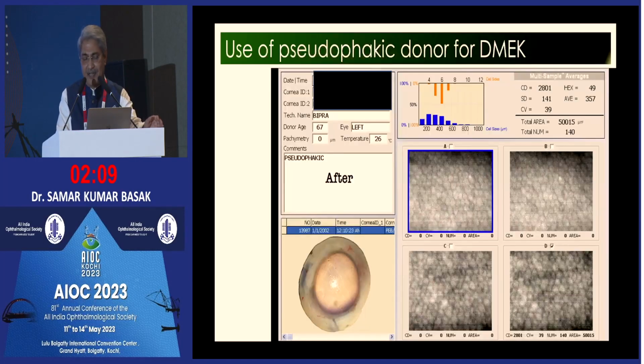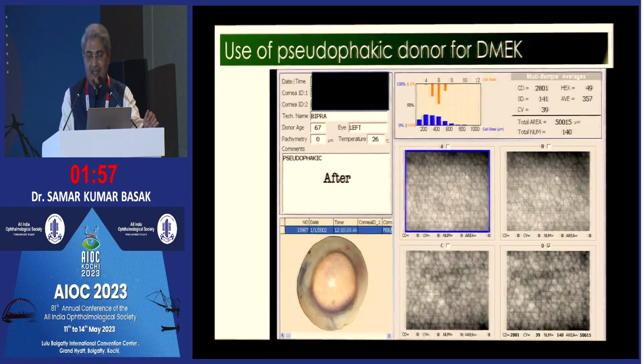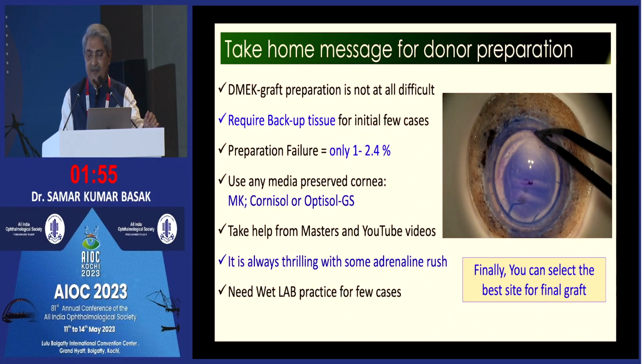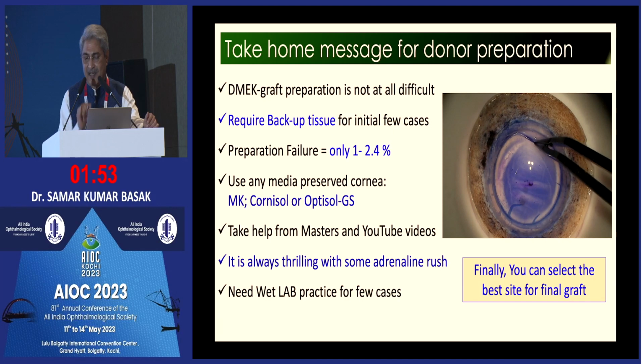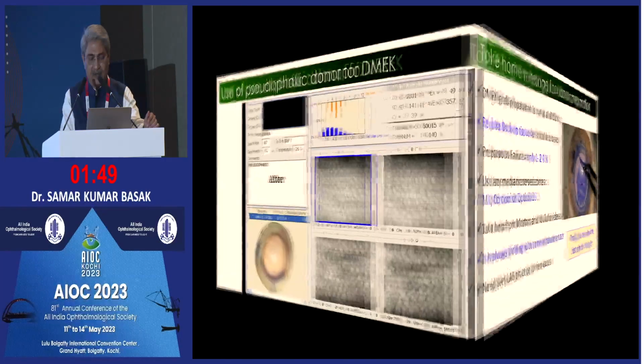So these are some things, and again during COVID I have used a pseudophakic donor. Pseudophakic donor, this is after phacoemulsification donor, and you have to be very careful. Sorry, I'll go back.